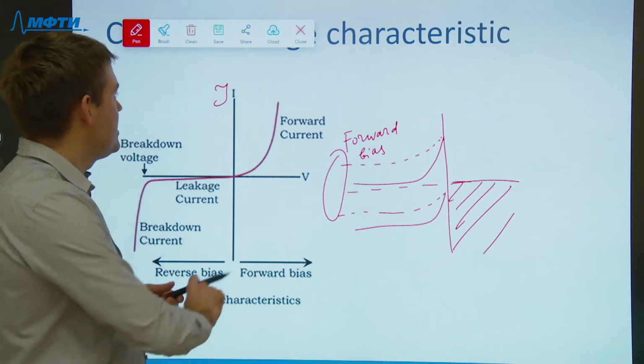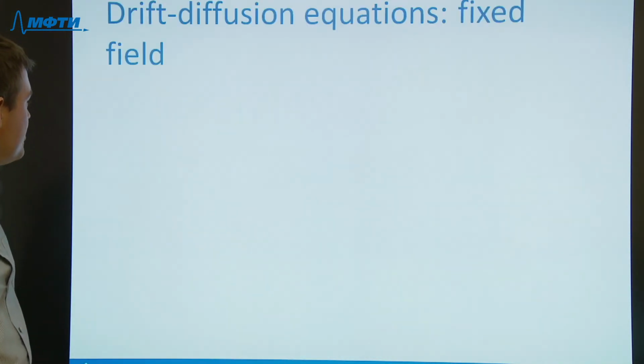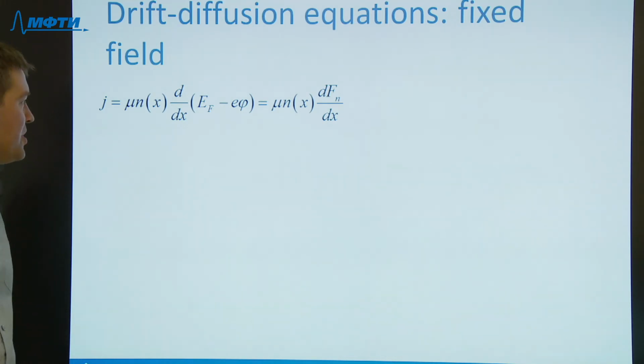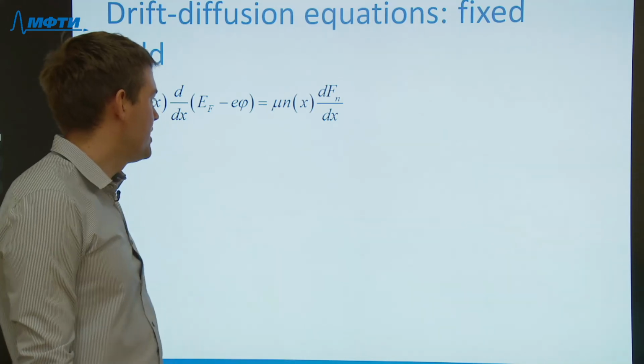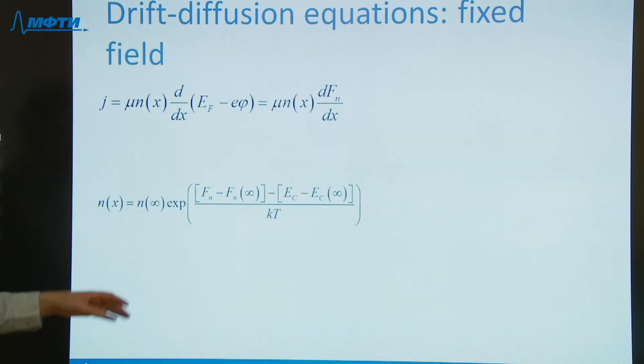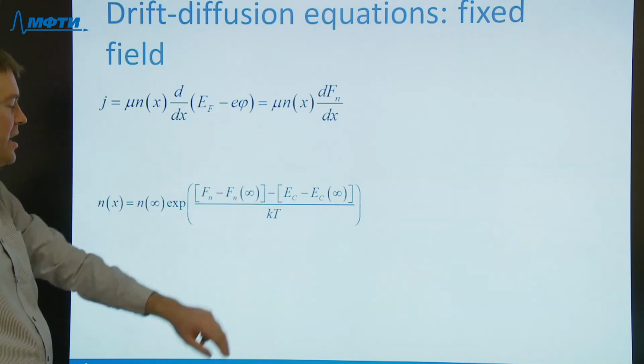I will announce that we will try to write the modified Ohm's law, taking into account the full gradient of the quasi-Fermi level. We will supplement it with the expression for the carrier density.